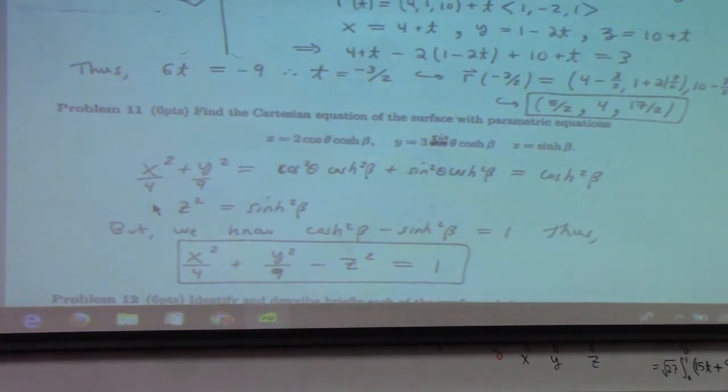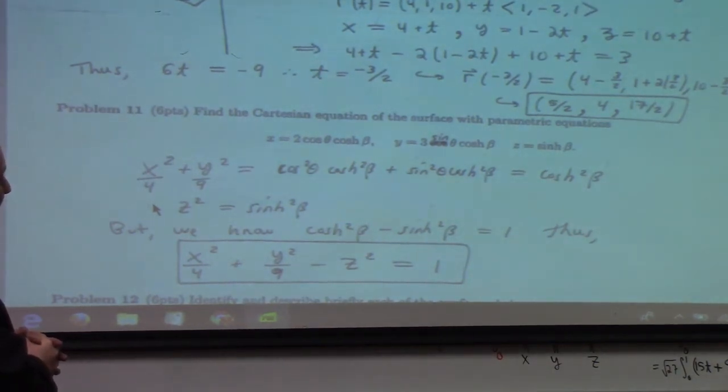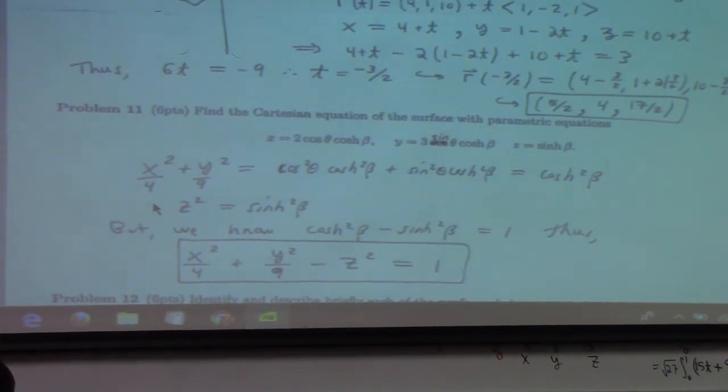Let's see here. Oh, did I not have that typo fixed on your test? What did I have there? You probably had cosine again. It was cosine cosh. It was fixed? Cosine cosh, yeah.